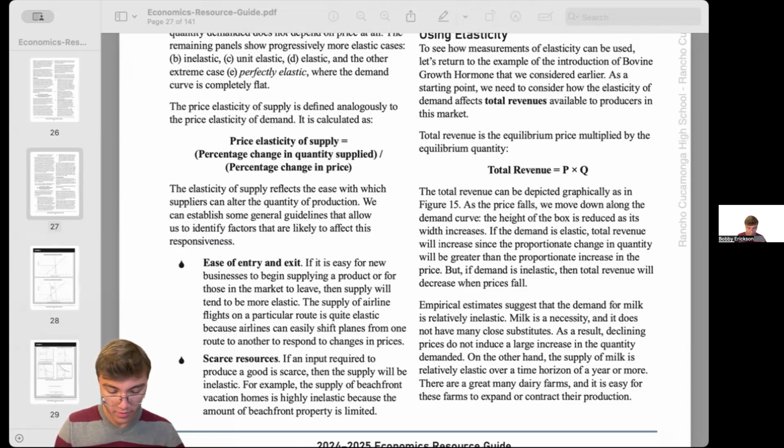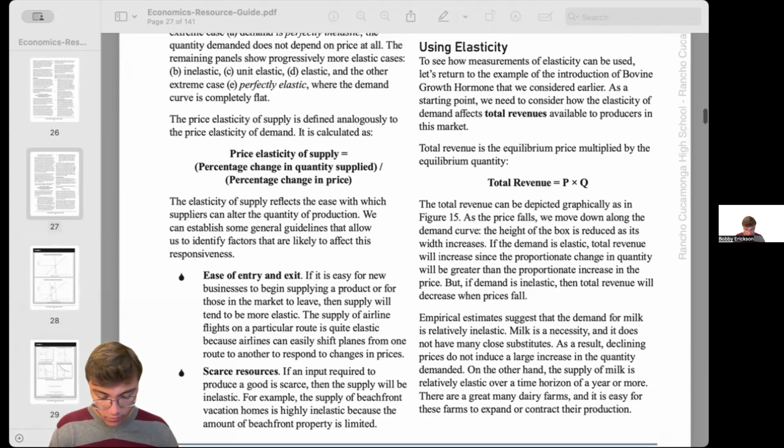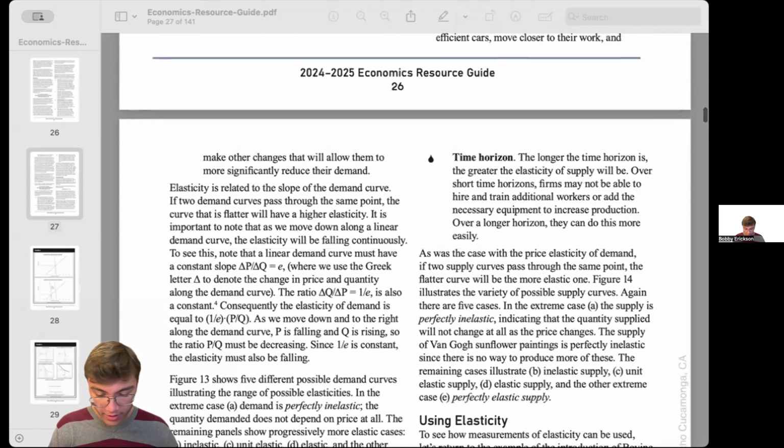Then we have scarce resources. If we have only a little bit of goods, like for example the bread in the sandwich making example, we will have different price elasticities of supply. For example, it talks about a bunch of beachfront vacation homes. These are highly inelastic because all of the beachfront property is limited.